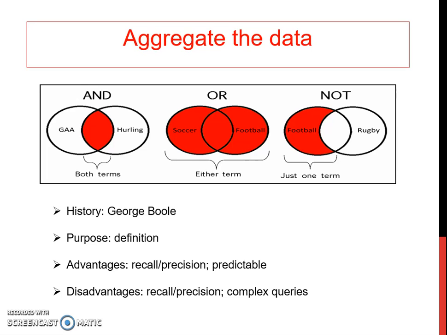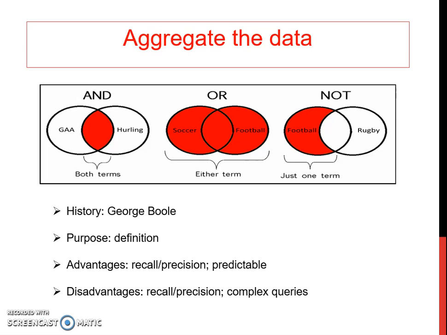And in the world of Boolean operators, there are many advantages and disadvantages. For example, if we are searching for soccer or football, we are, as Belkin states, spreading the net wide. As a result, this makes our outcome unlikely to miss relevant items because we retrieve a higher amount.